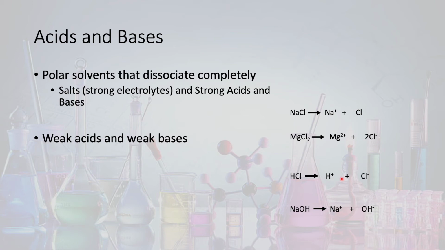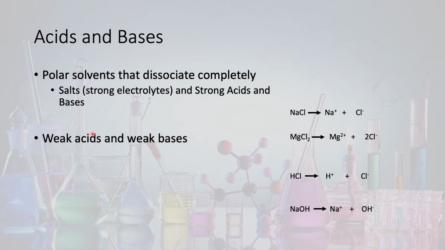Now, down here, our strong acid, hydrochloric acid, will fully dissociate in water, liberating all protons and all chloride ions. Similarly, sodium hydroxide will fully dissociate, releasing all of its hydroxide ions, forming a basic solution.